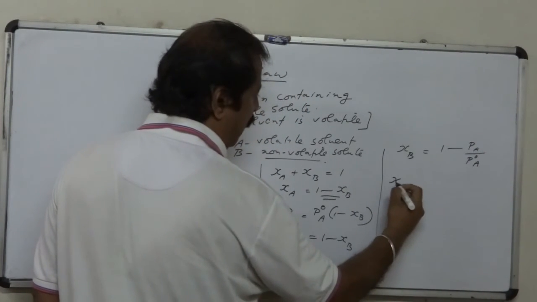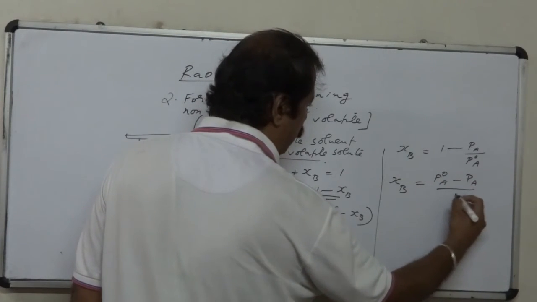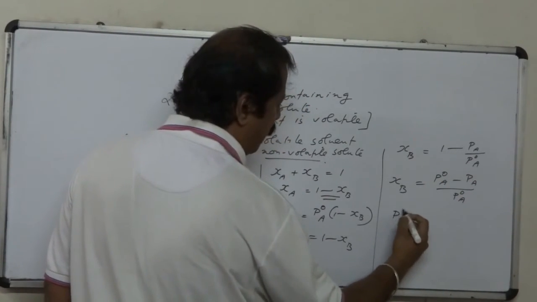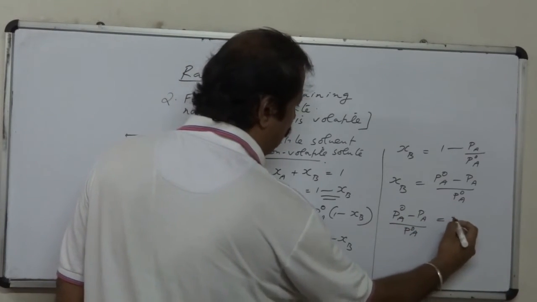Finally, chi B is equal to (P0A minus PA) by P0A.